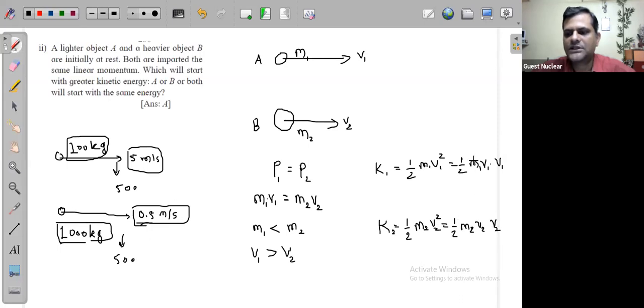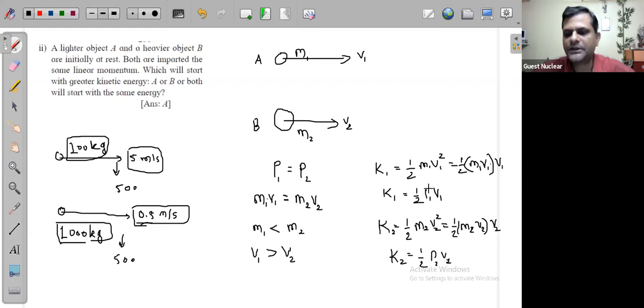But here we can say that m1 into v1 is p1, and m2 into v2 is p2, the momentum of the second body. So in the next step, K1 is equal to half of p1 into v1, right? And the second body will have its kinetic energy K2 equal to half of p2 into v2.